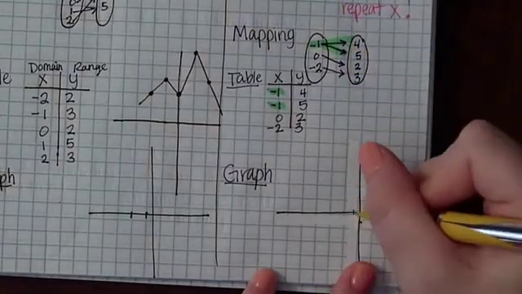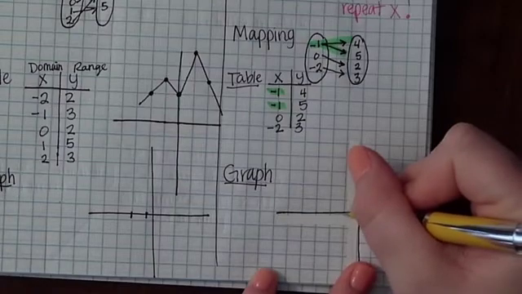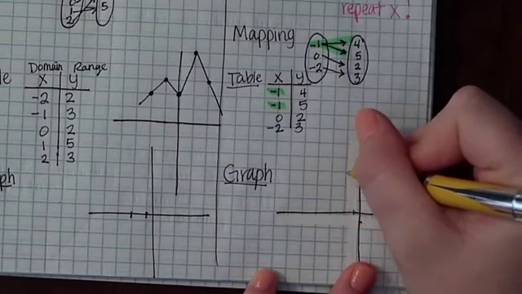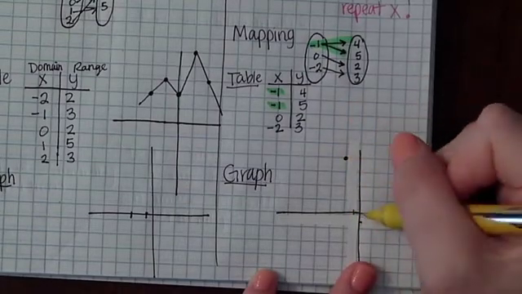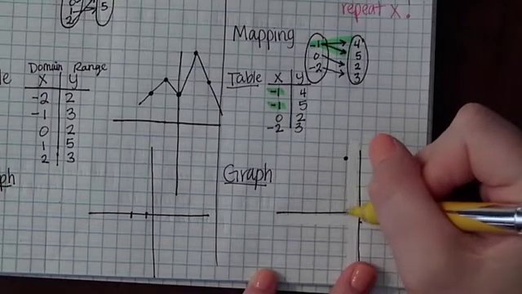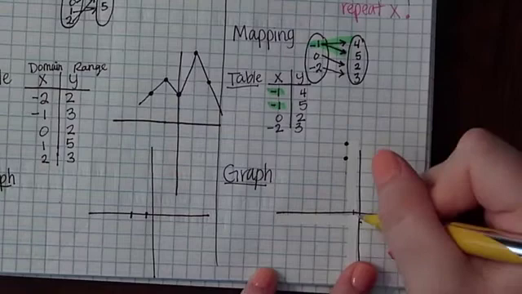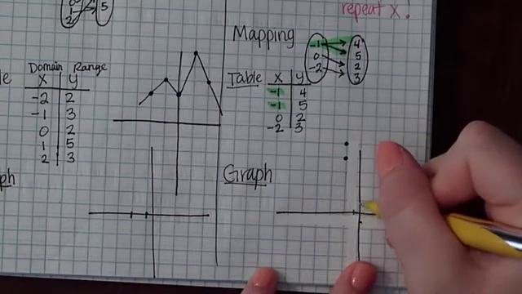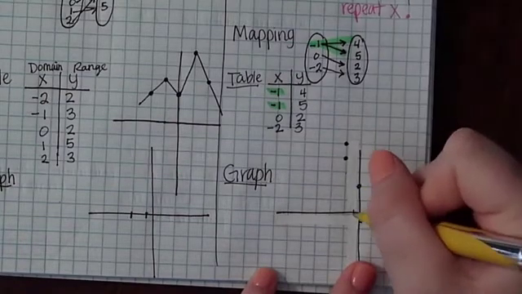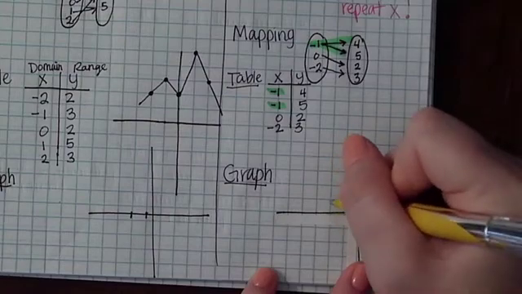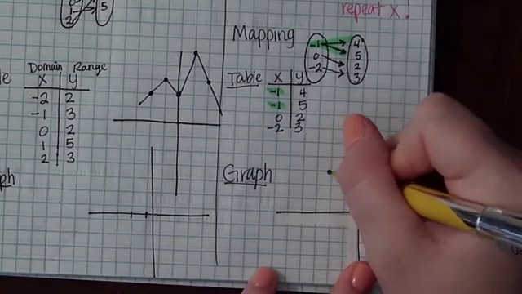But, okay, so we're going to go negative 1, so negative 1, and then up to 4, 1, 2, 3, 4. I'm going to go negative 1, 5, so 1, 2, 3, 4, 5. 0, 2, so 0, 1, 2, and then negative 2, 1, 2, up 1, 2, 3.